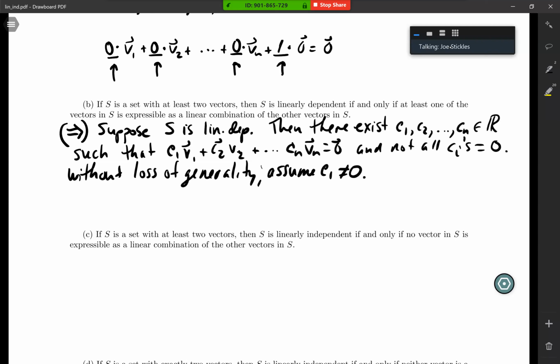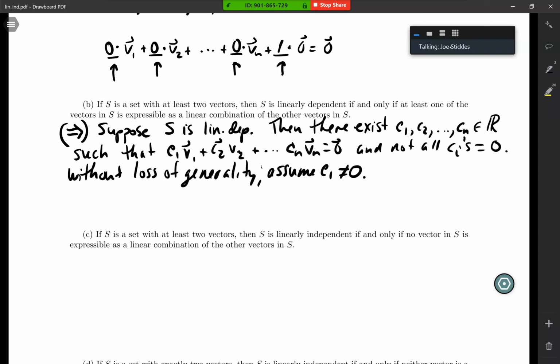So I can just reorder my V's, renumber them if you will, and just make sure that the first one is the one that has the non-zero constant. So that's all that this statement means here. It just helps me with notation so that I don't have to say Ci, Vi, or have weird notation. I can just say that, okay, the order here didn't really matter, so I'm just going to assume it's the first one. Okay? I could have just as easily assumed it was the last one if I wanted to. Right? That's all the without loss of generality part means.